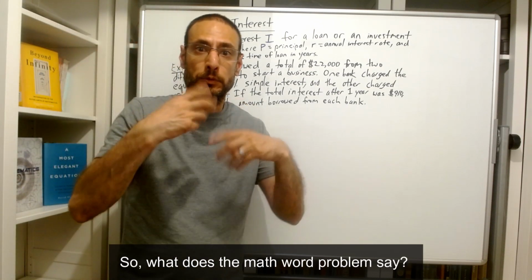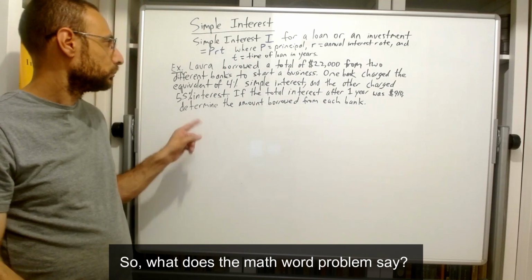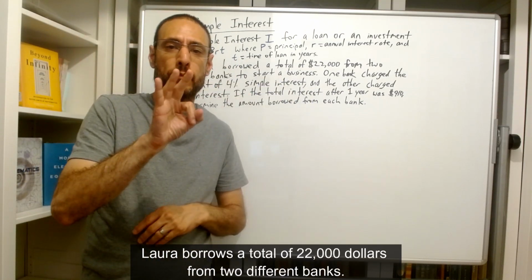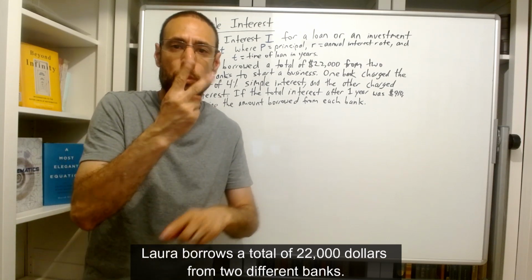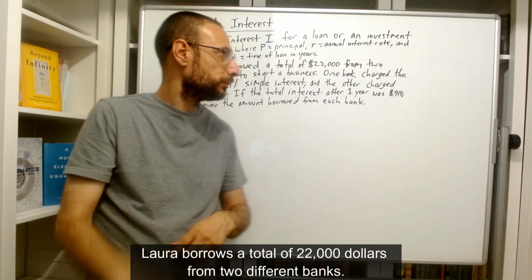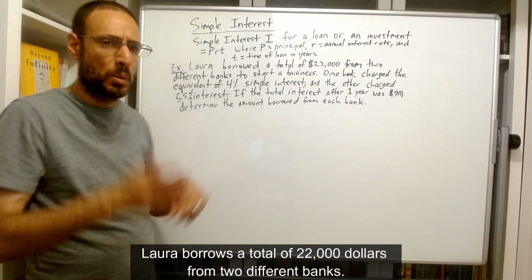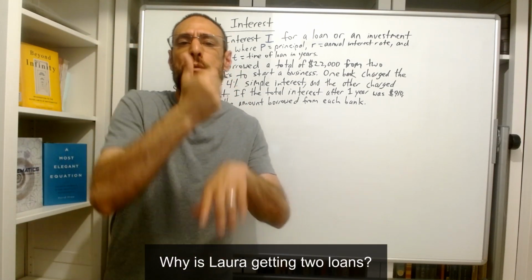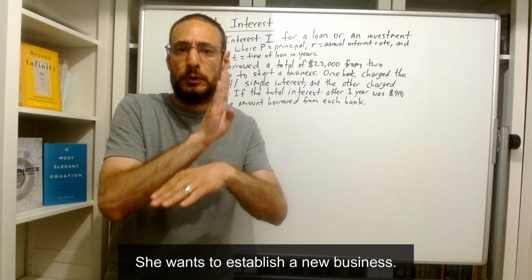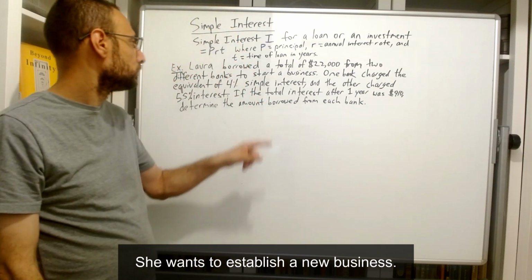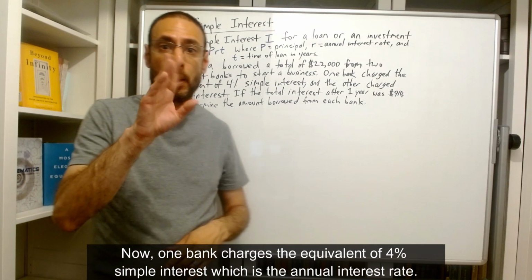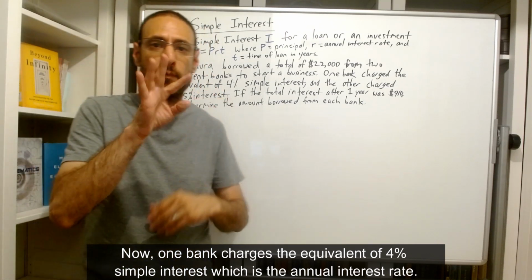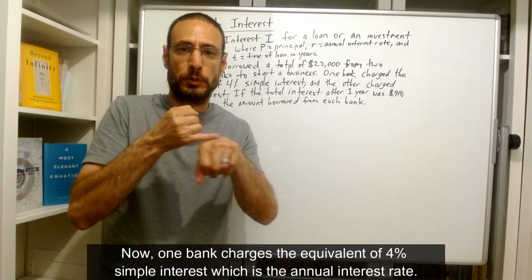So, what does the math word problem say? Laura borrows a total of $22,000 from 2 different banks. Why is Laura getting 2 loans? She wants to establish a new business. Now, one bank charges the equivalent of 4% simple interest, which is the annual interest rate.